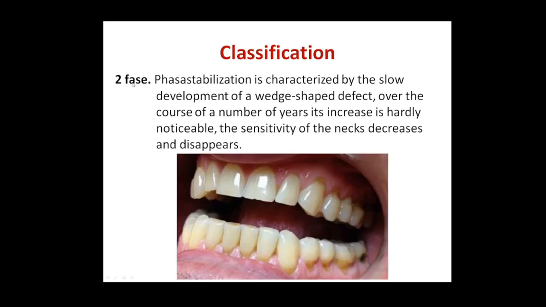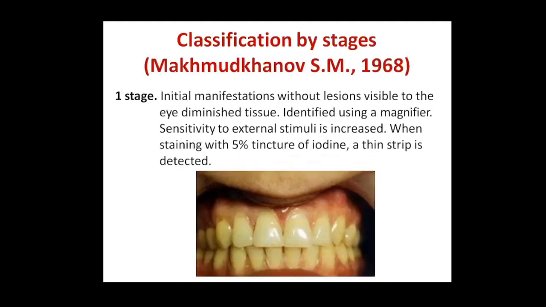And the second phase, the stabilization phase, is characterized by the slow development of wedge-shaped defect over the course of a number of years. Its increase is hardly noticeable. The sensitivity of the neck decreases and disappears. And another classification by stages.